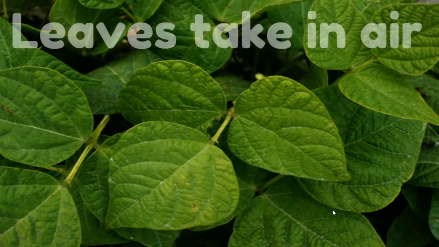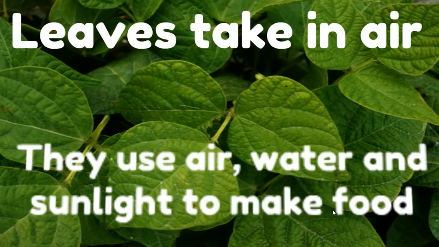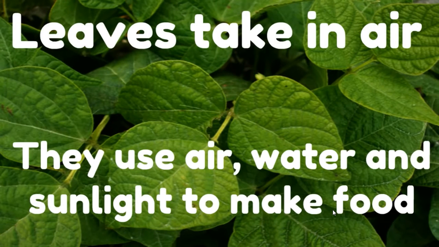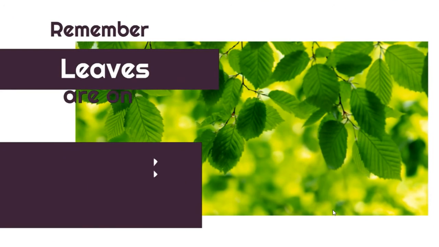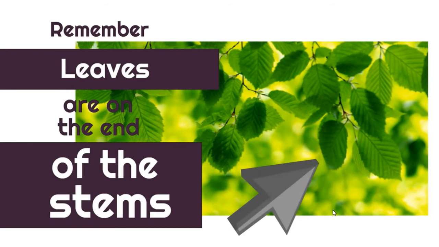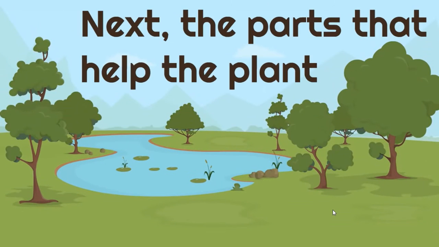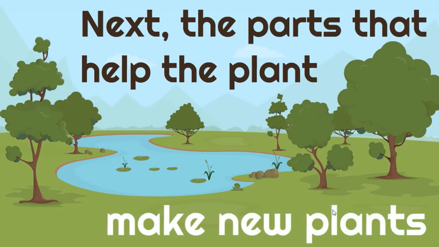Leaves take in air, and they use air, water, and sunlight to make food. Remember, leaves are on the end of the stems. Okay, so next, the parts that help the plant make new plants.